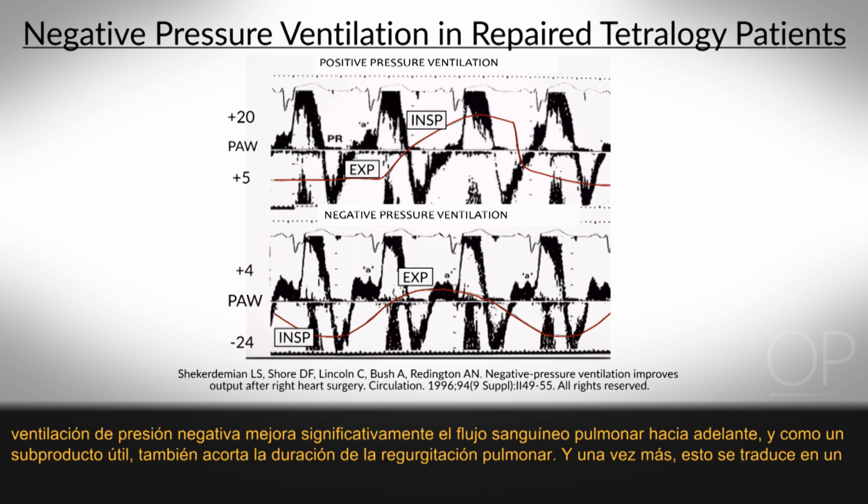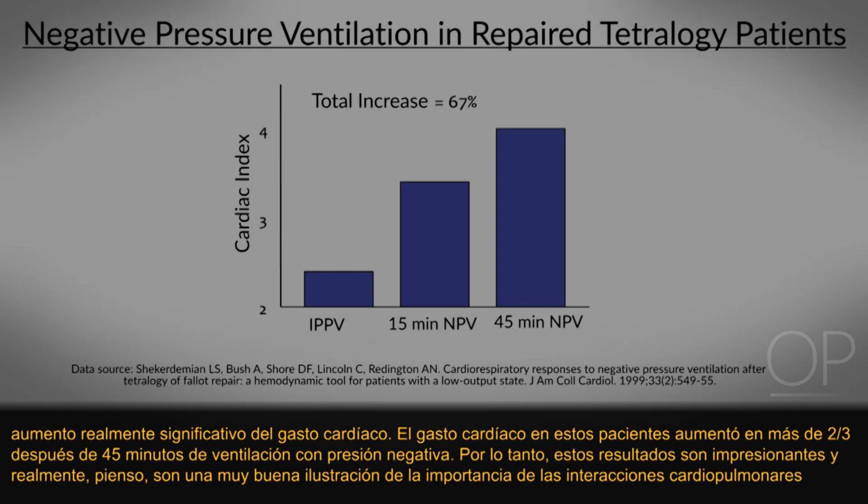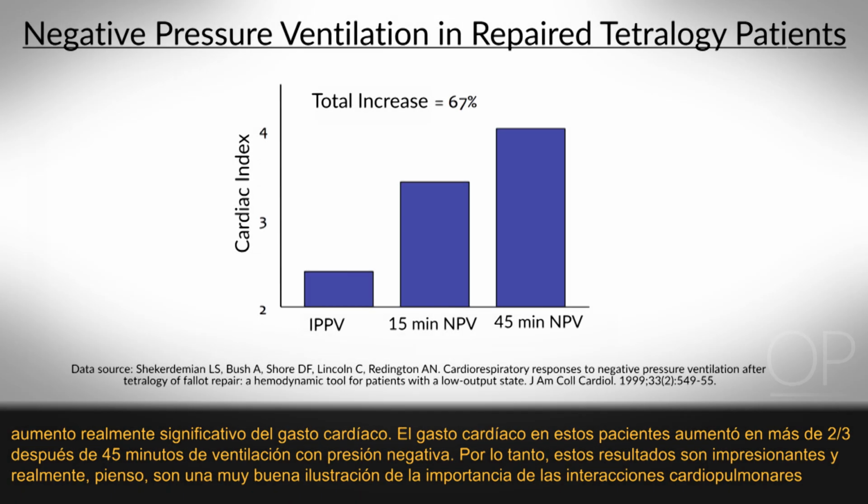Negative pressure ventilation significantly enhances forward pulmonary blood flow, and as a useful byproduct also shortens the duration of pulmonary regurgitation. And once again, that translates into a really significant increase in cardiac output. Cardiac output in these patients increased by more than 2/3 after 45 minutes of negative pressure ventilation.